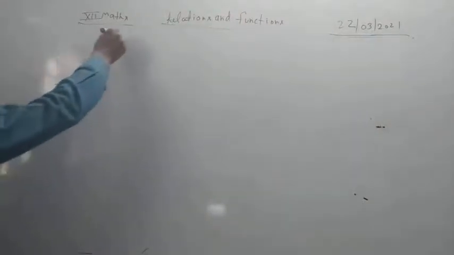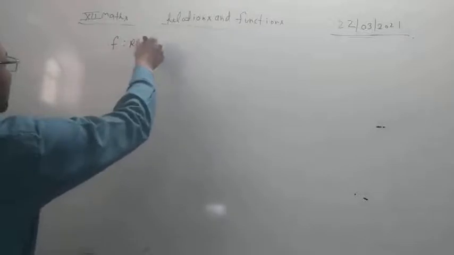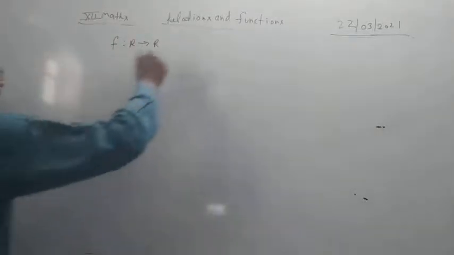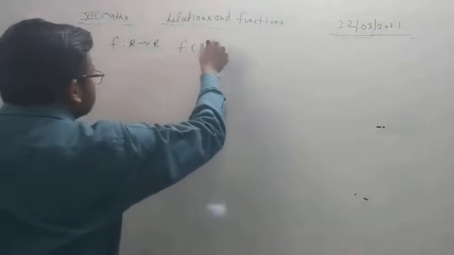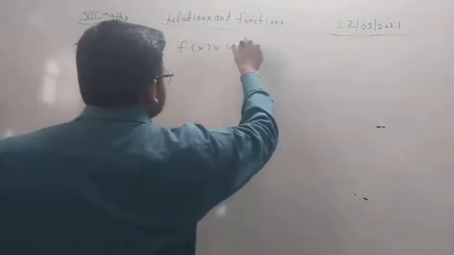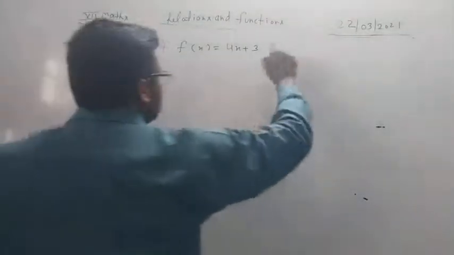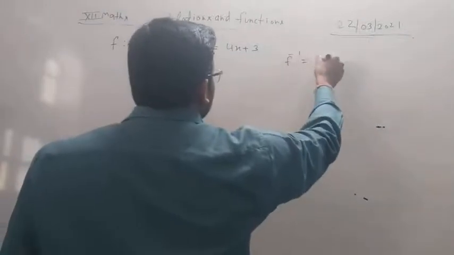Let's see. Our first question is: consider the function f from R to R given by f(x) = 4x + 3. Show that the function is invertible and find the inverse of f.